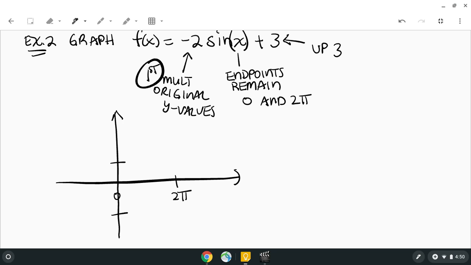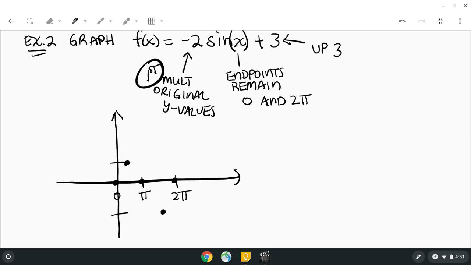Okay, so let's go ahead and graph this. And again, my 5 points are going to be placed between 0 and 2 pi. All right, so there's pi.